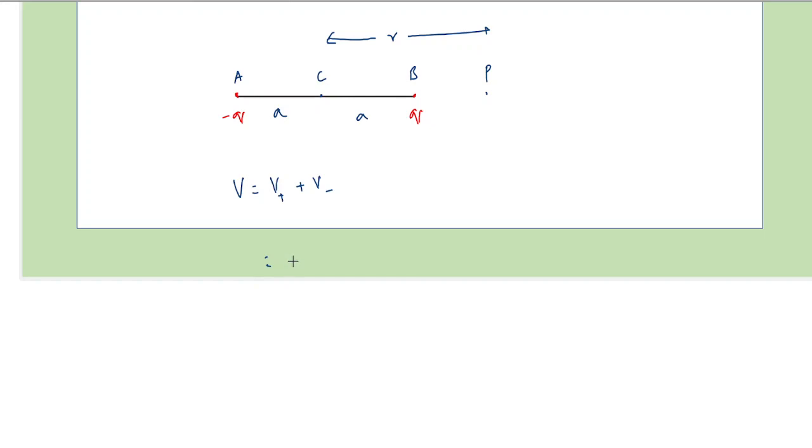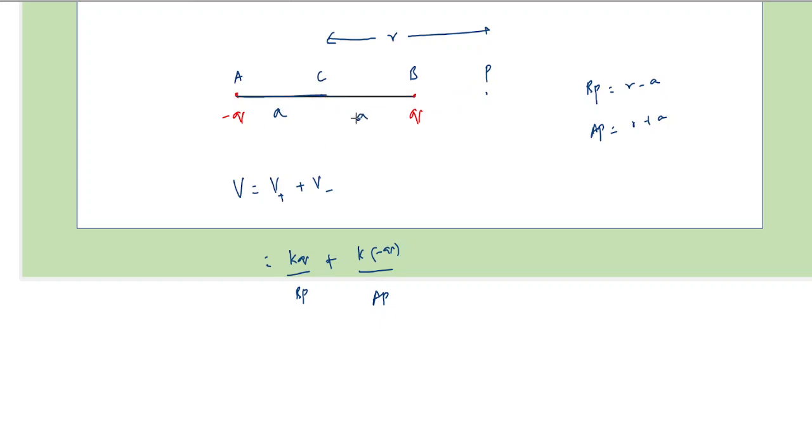So V would be kq, the distance would be just BP, plus k minus q, the distance would be AP. But from here, BP is equal to r minus a, and then AP would be r plus a, because AP would be nothing but AC plus CP.